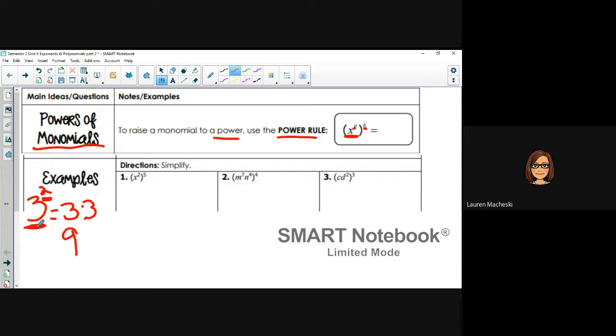Remember, that monomial times itself, well, there's ones and ones here. You keep the base, you add the exponents, and then you can get your answer. So let's try to incorporate that into this before I tell you what the rule is.